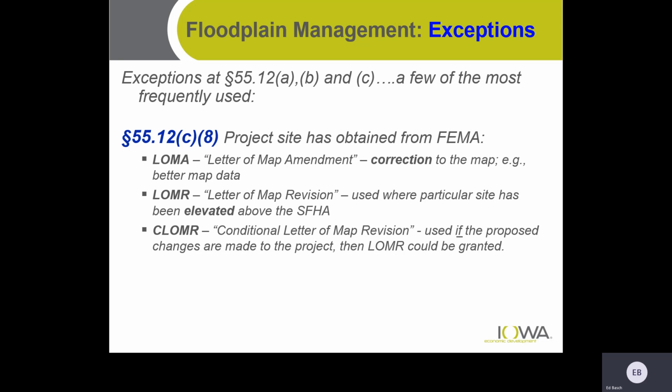Or finally, a CLOMR, a conditional letter of map revision, used if the proposed changes are made to a project that would get it out of the floodplain area. Then the LOMR could be granted upon those conditions being met.